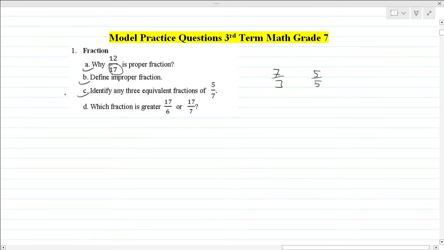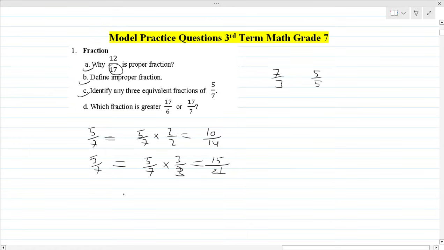For example, for 5 by 7, let's multiply by 2, so you get 10 divided by 14. That's the first equivalent fraction. For the second, let's multiply 5 by 7 by 3 by 3, which gives another equivalent fraction, 15 divided by 21.